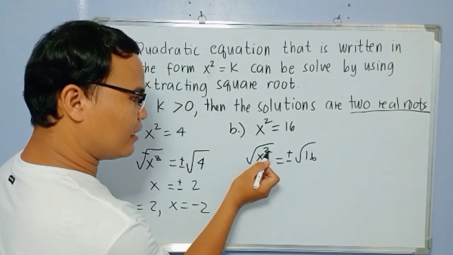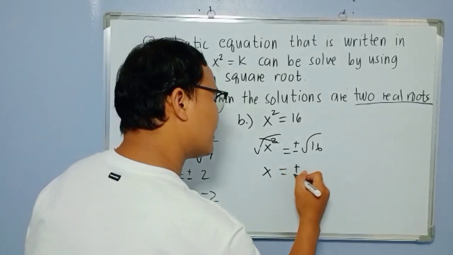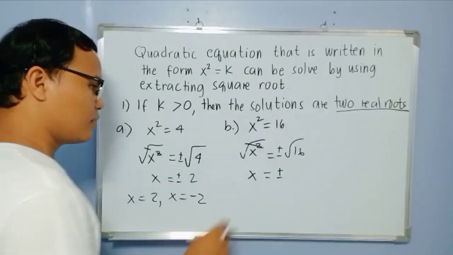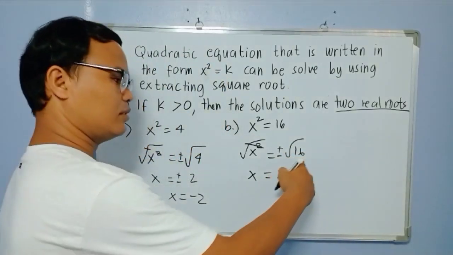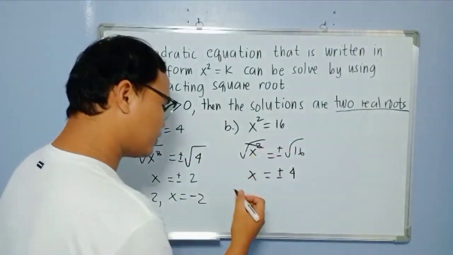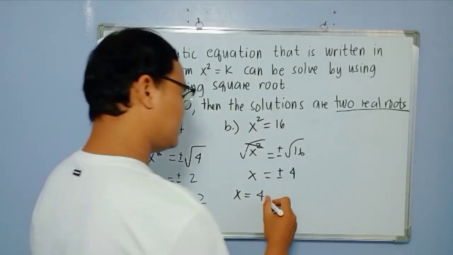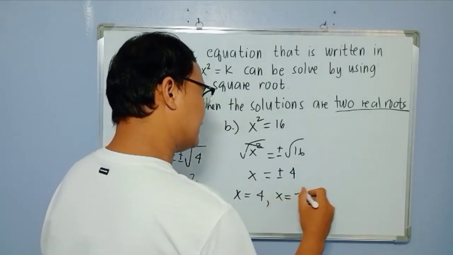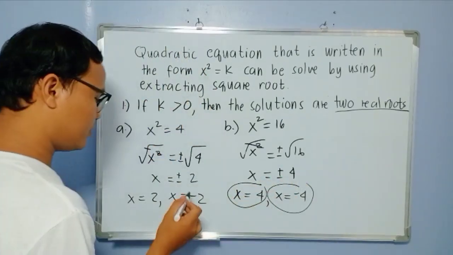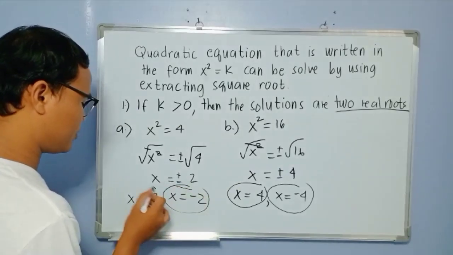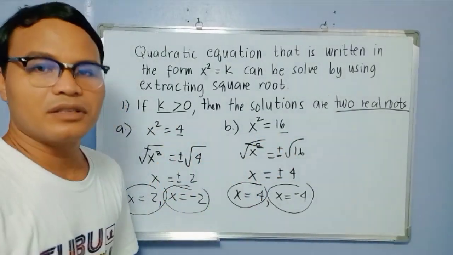Then, cancel out, x equals, copy positive, negative. What's the square root of 16? 4. So there are two solutions: x equals 4 and x equals negative 4. These are the solutions, which are two real roots, if k is greater than 0.